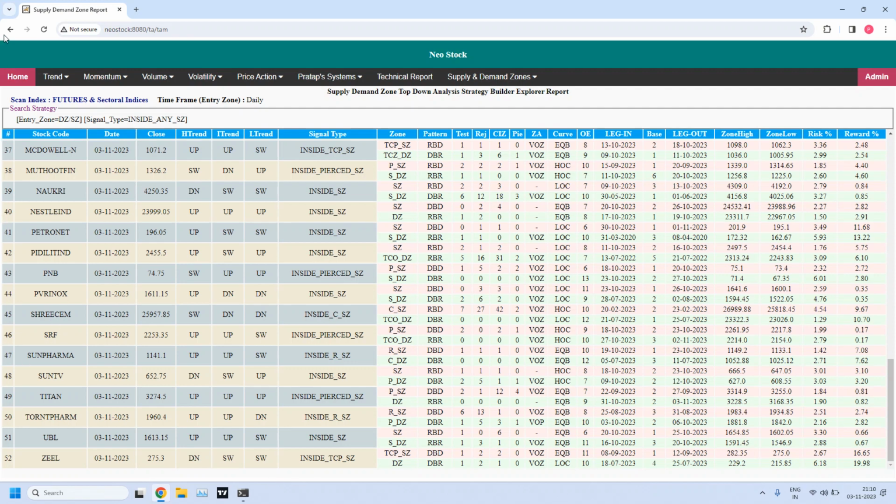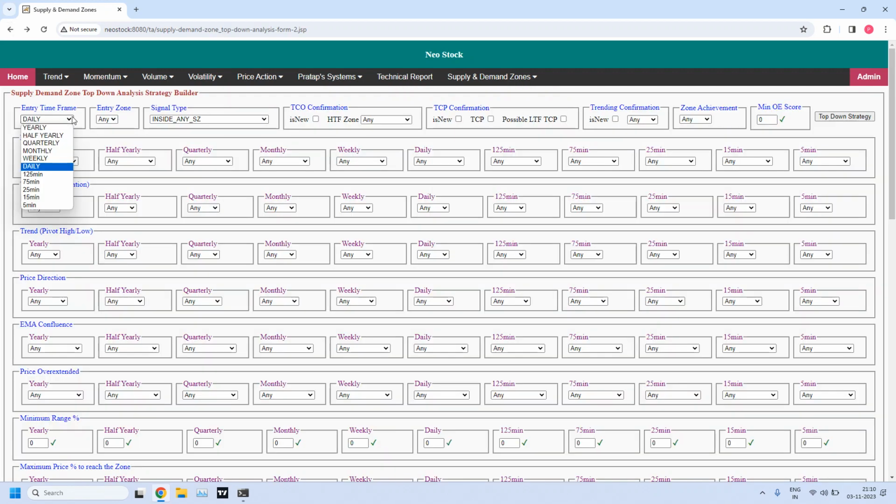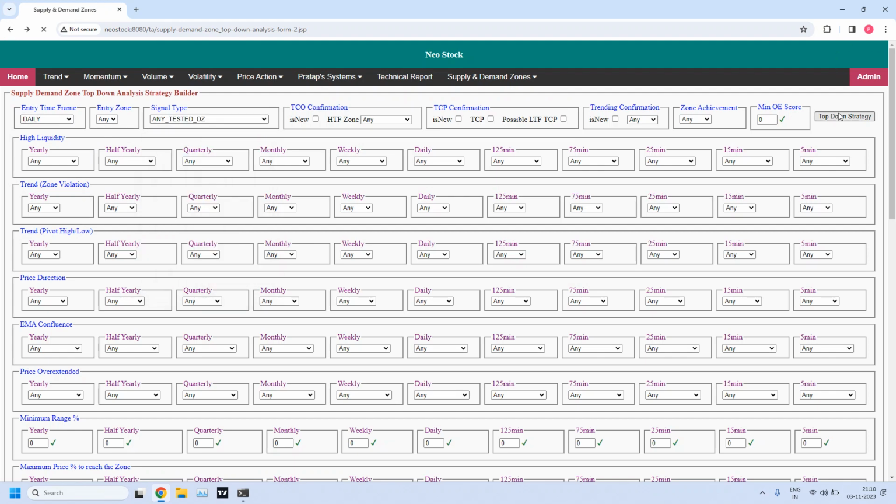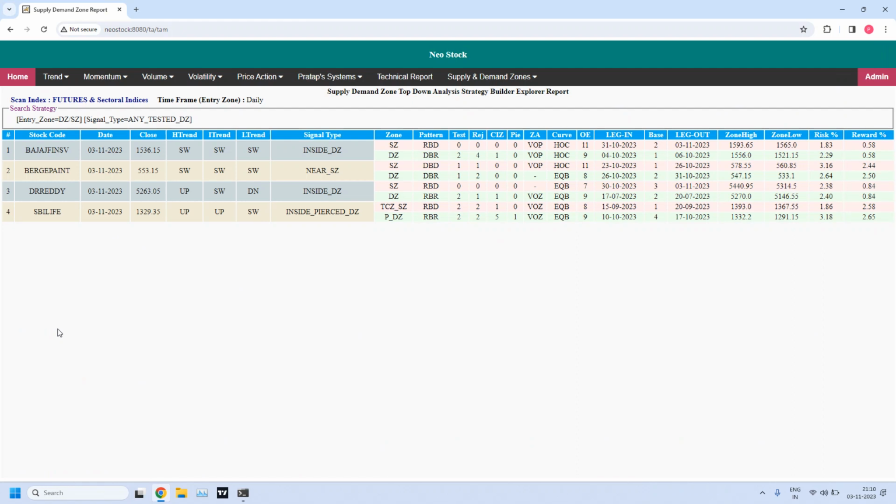Okay, let's go back. Entry time frame is daily. Let us find the tested daily demand zones. So these 4 stocks are tested. Let's go back.